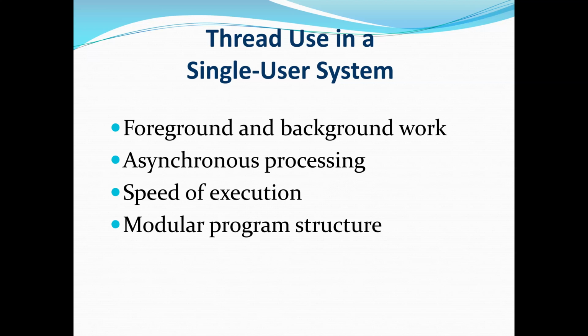So even though one thread may be blocked for an input and output operation to read in a batch of data, another thread may be executing. And also the modular programming structure. Programs that invoke a variety of activities or a variety of resources and destinations of input and output may be easier to design and implement using threads.